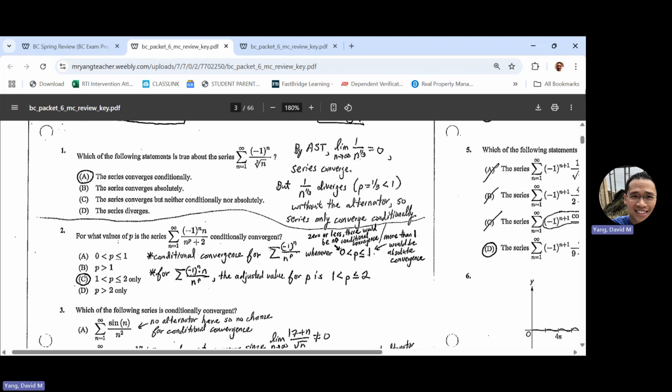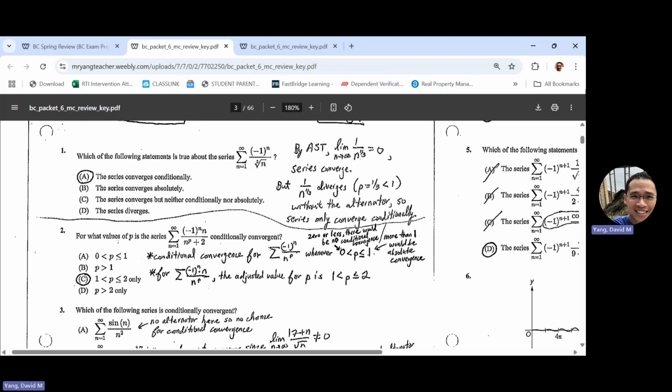For number two, for what value is my series conditionally convergent? So conditional convergence again is a scenario where if I have 1/n to the p and my p-value is between 0 and 1, right? Anything greater than 1, it'll all of a sudden converge. But that would be for the larger scenario.